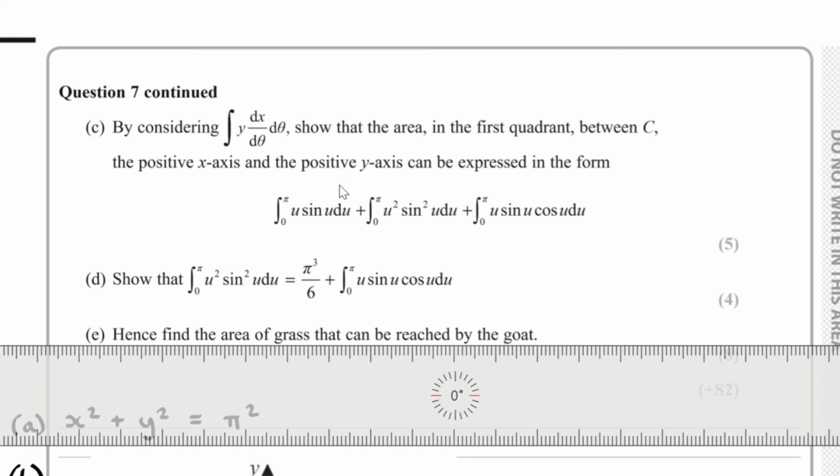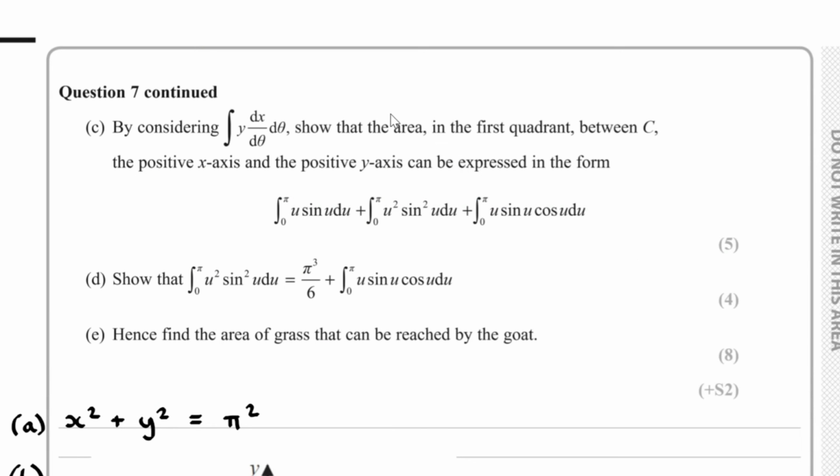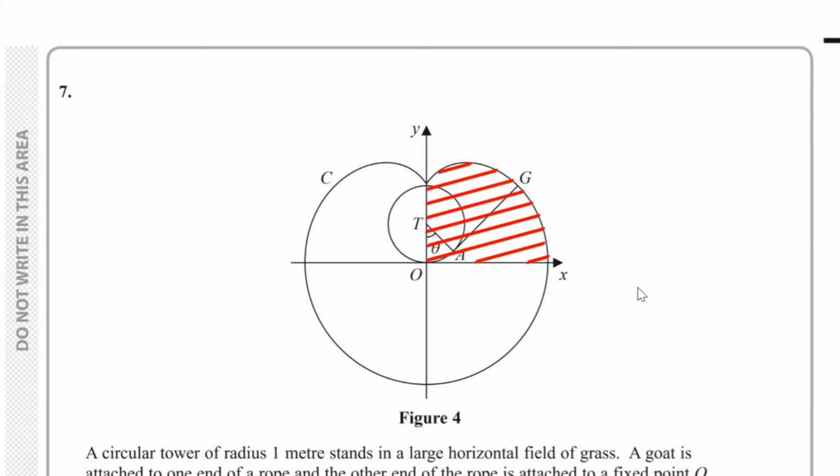So what area is this looking for? Well, the area we're looking for is this area here. We need to find the area of that. So how could I do that?